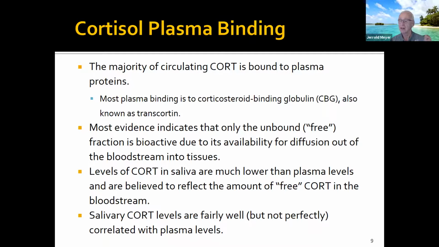All those things can reasonably well be done in saliva as a proxy for blood or plasma, even though the correlation isn't perfect.